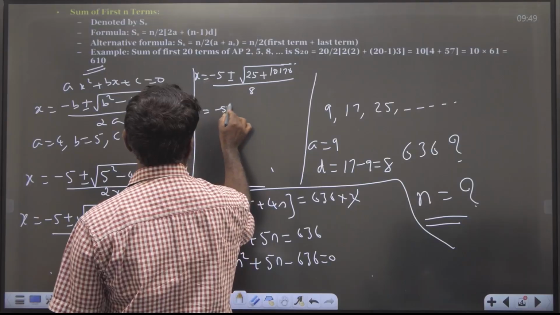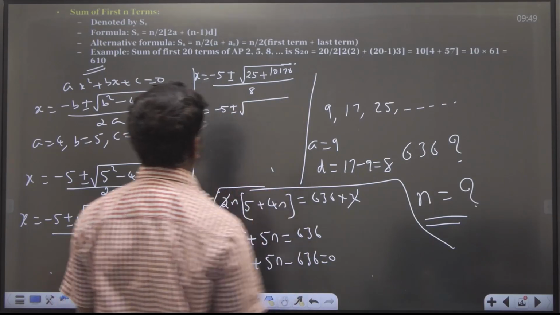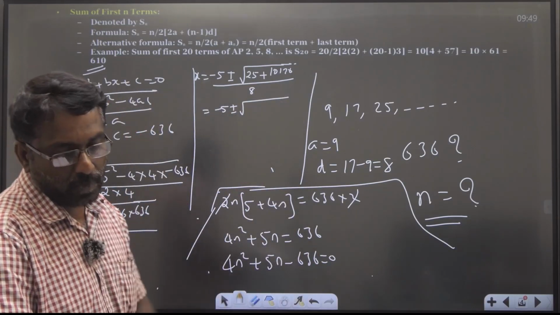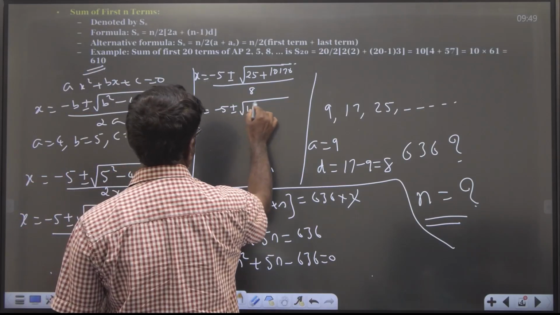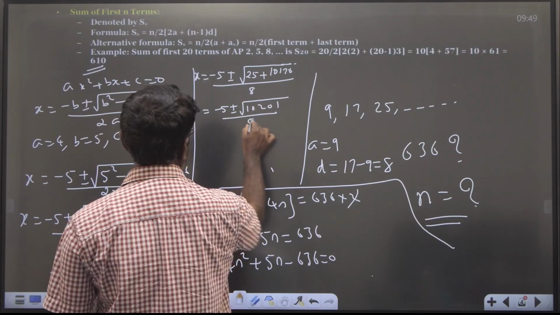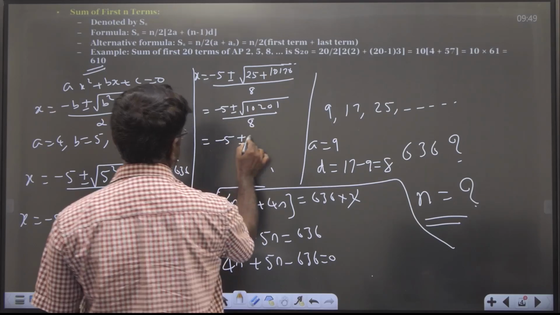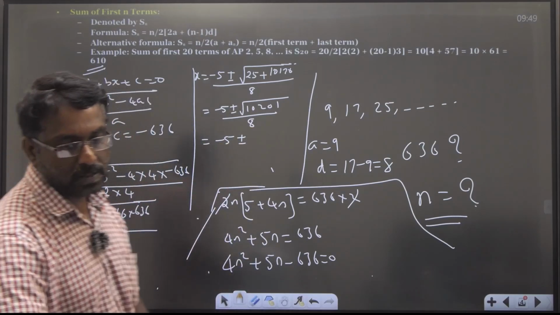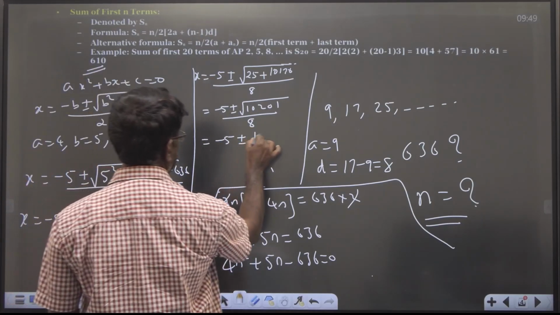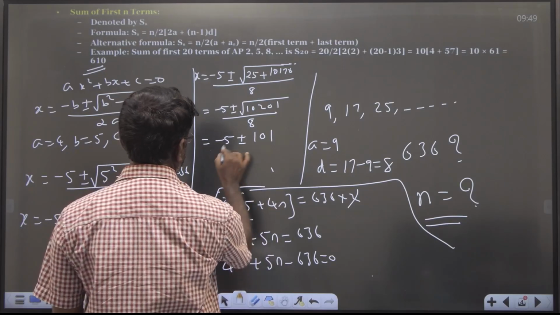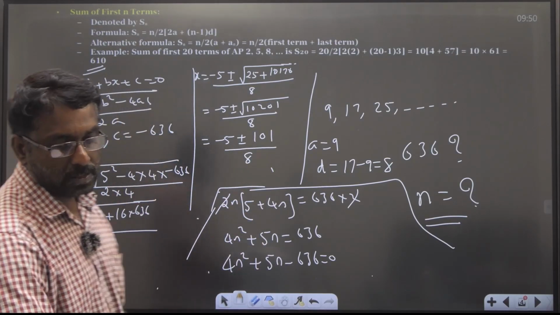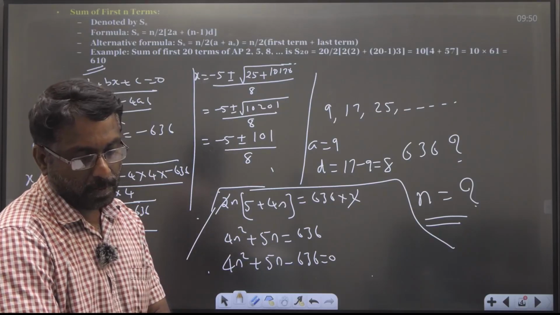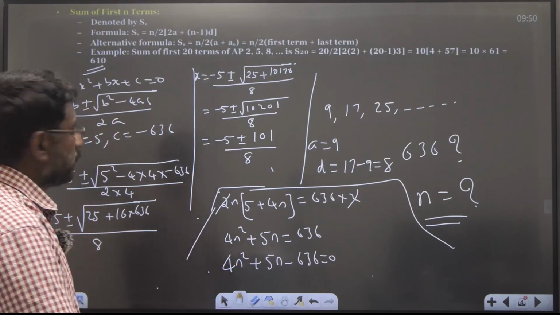That is minus 5 plus or minus root of 25 plus 10176, that is 10201, by 8. That is minus 5 plus or minus root of 10201, that is 101, by 8. Negative 5 plus or minus 101 by 8. Simplify this.